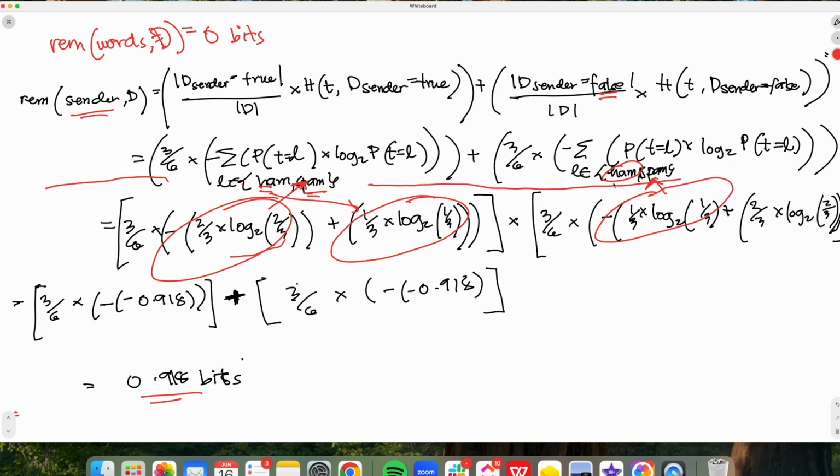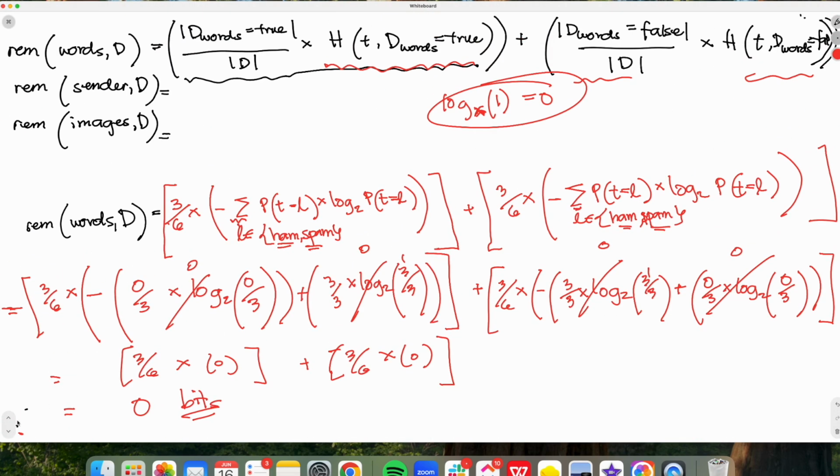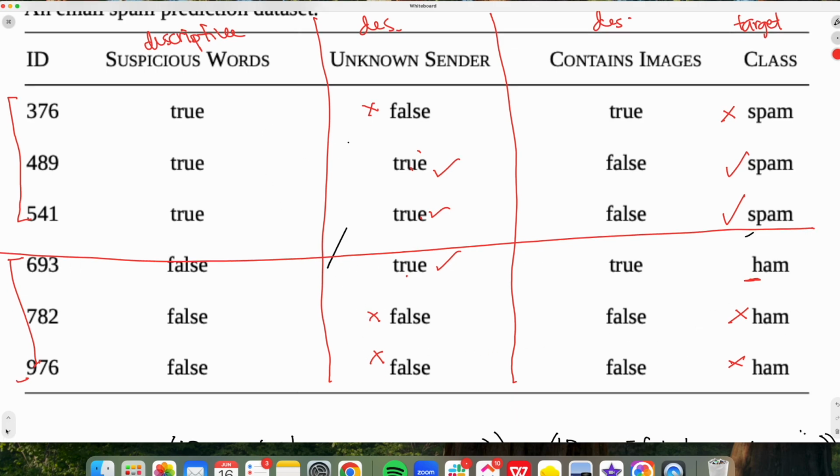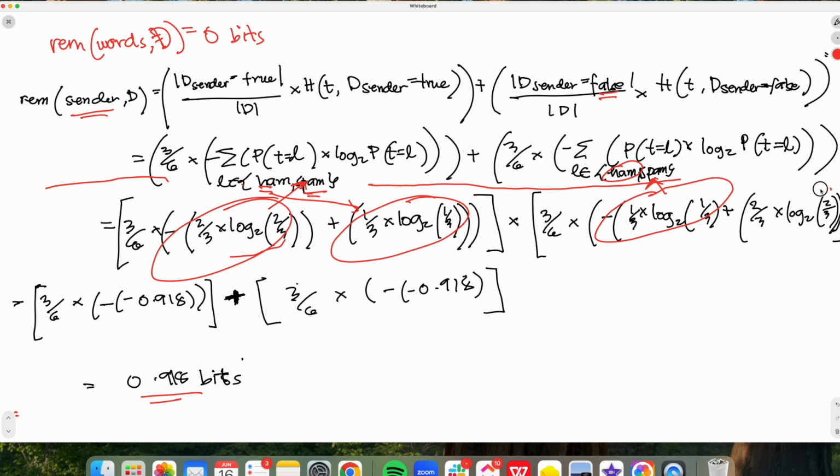How about for ham that is false? We have 1, 2. So 2 over 3 all false. So we have these terms here for ham. Yeah, that's for the remainder for the sender.